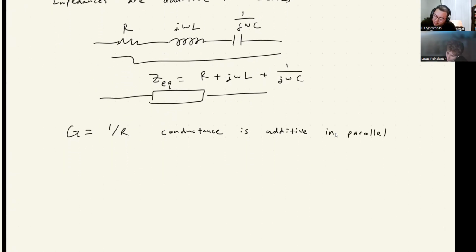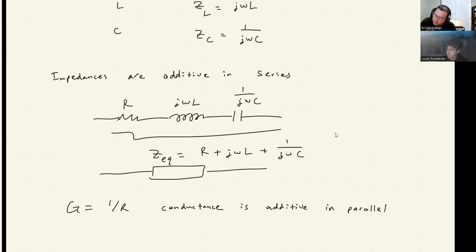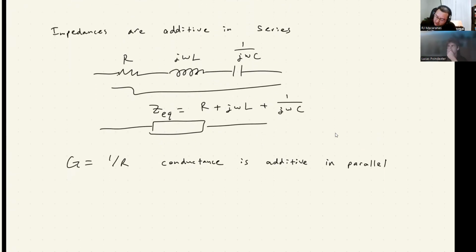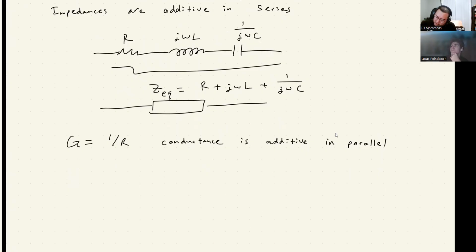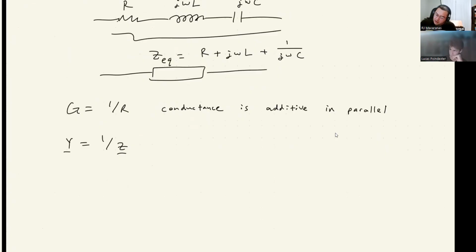We have a similar concept in these frequency domain representations, but instead of conductance, we call it admittance. Admittance Y is given by 1 over Z. Recall that these are complex valued, so it's typical to represent them with boldface notation.